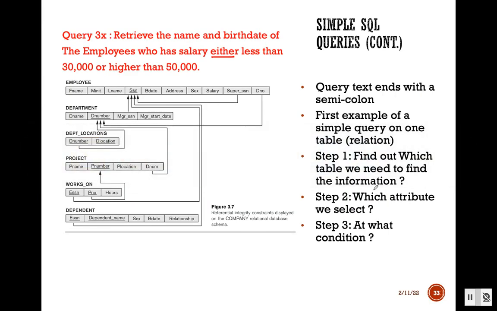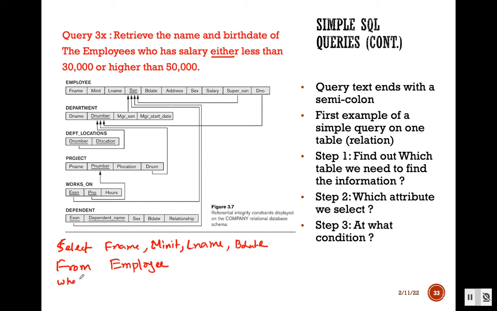So now how am I going to write the condition? Everything will be the same. Select F name, M init, L name, B date. From, I need only one table, employee. Where, what is the condition now? The condition is either less than 30,000.